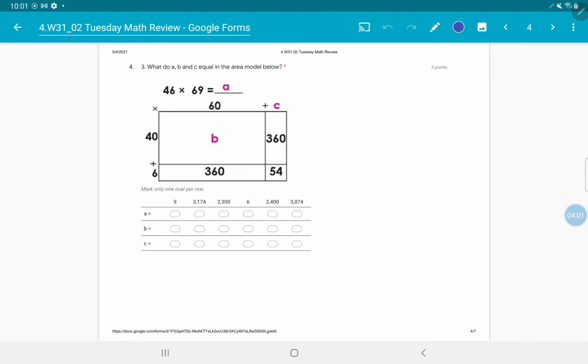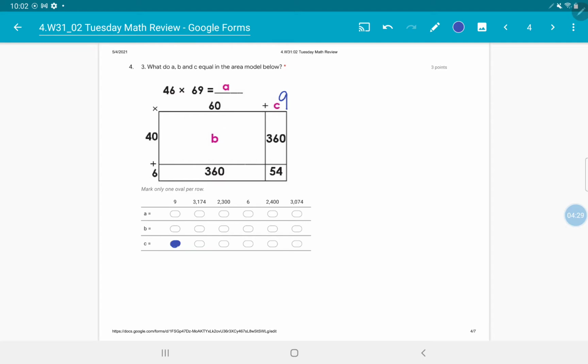We're multiplying by the length, which is 60 plus what? What does the variable C represent, Scotty? C should represent 9. You're exactly right. How did you know that? Because it's 60 right by, and up there it has 69, so the C has to be 9. Right. 60 plus 9 equals 69. Perfect. Very good.